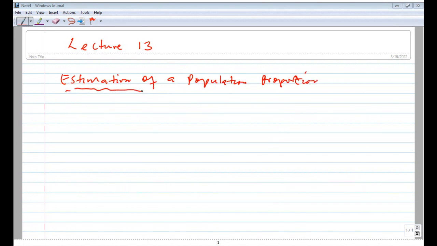Remember, it's under stratified random sampling. So how do you estimate the population proportion under stratified random sampling?